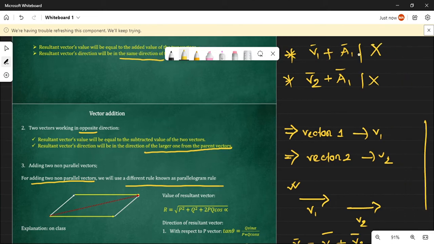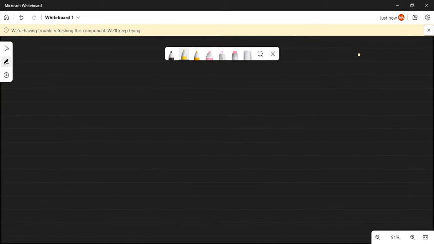I have to discuss it in detail, so I need more space. We have a vector p like this, and another vector q. This is the p vector, and this is the q vector.